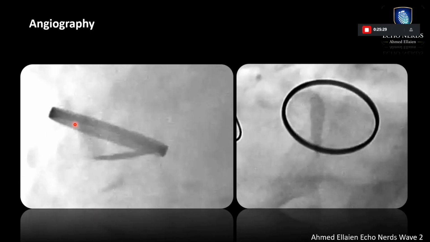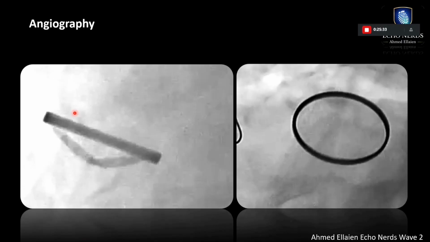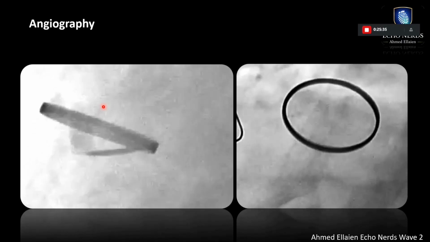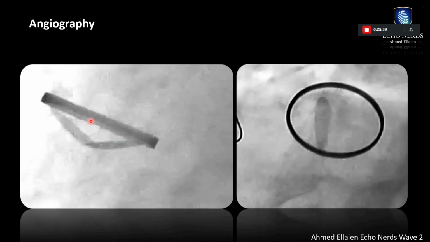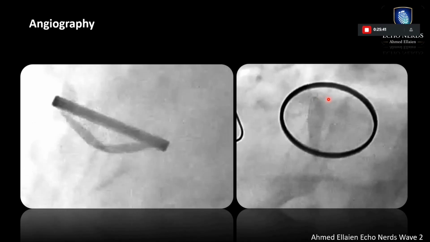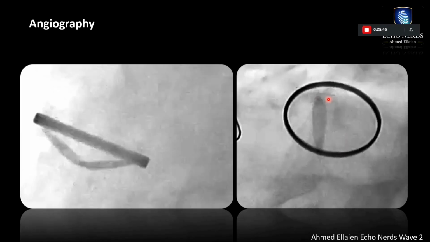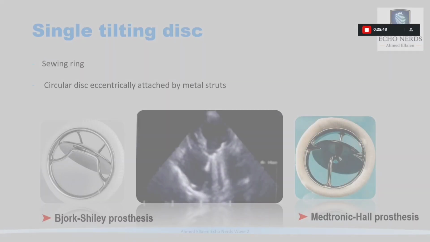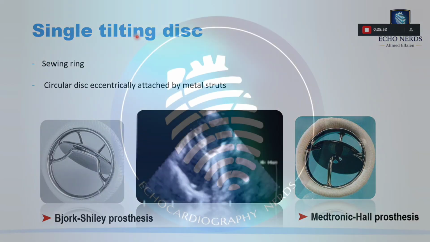Both leaflets are dysfunctional. One is frozen at a closing position and the other is restricted in opening. It does not open to its full range. So this is a very important aspect to know, the opening angle and the closing angle of a bileaflet tilting disc. The second design is a single tilting disc.